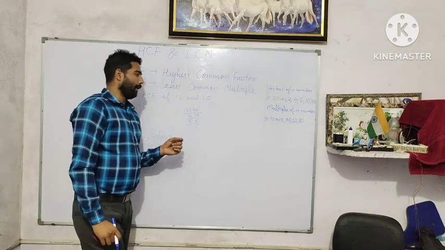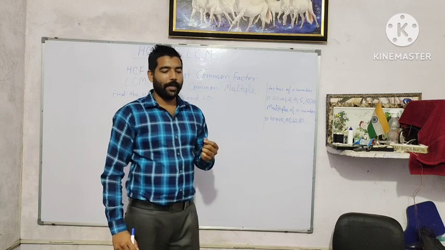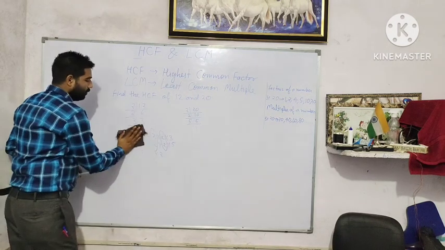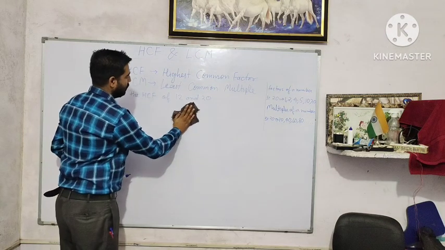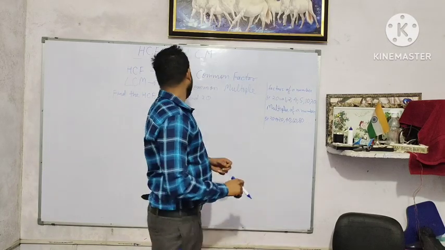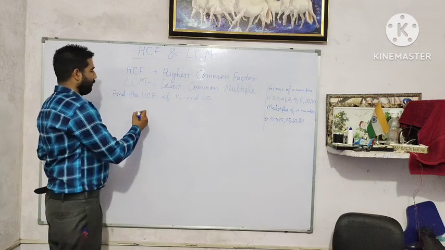Now let us see the next method, which is known as the division method. If we want to find the HCF of these two numbers with the division method, we can try this.